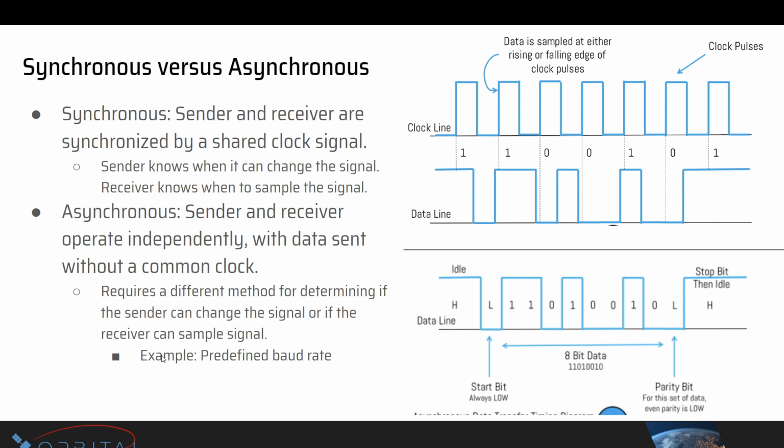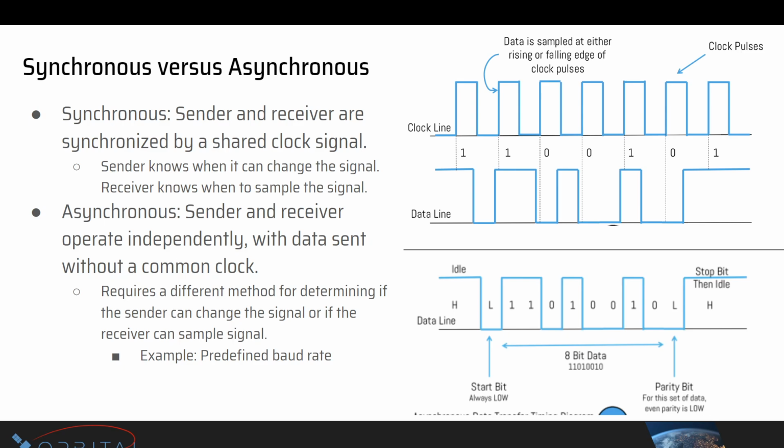One simple way to do this is to predefine a baud rate. Baud rate is just how many bits you're sending in a certain period of time. So you can say, I'm gonna send 1 bit per second, and that's predefined. Both devices know that beforehand. So now each second I can just check, okay, what's the bit.